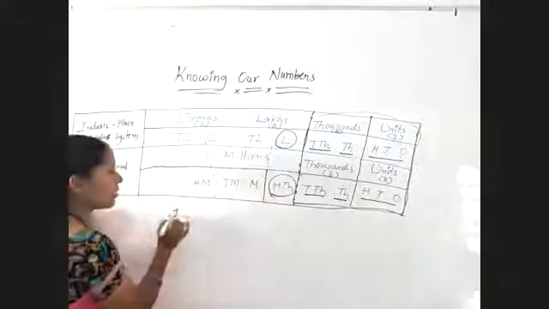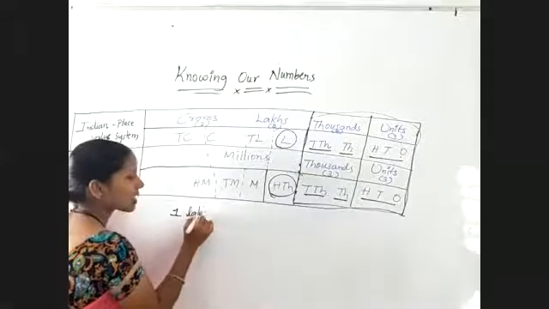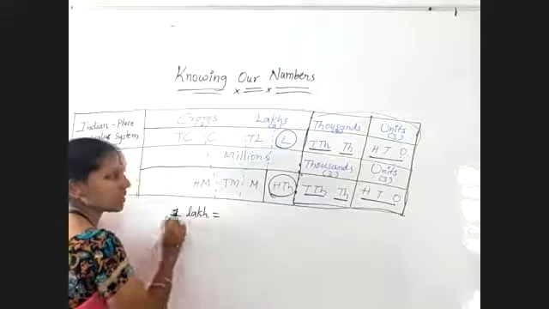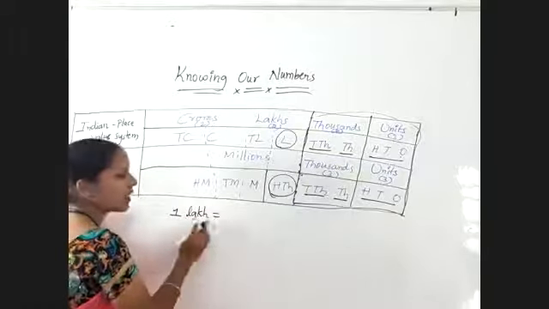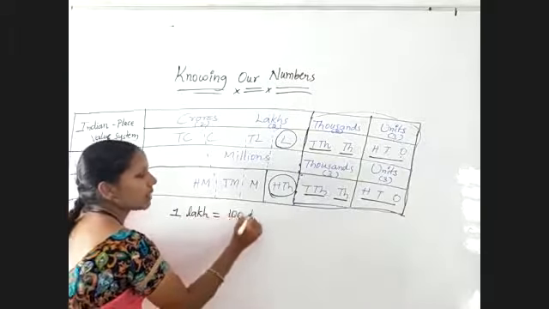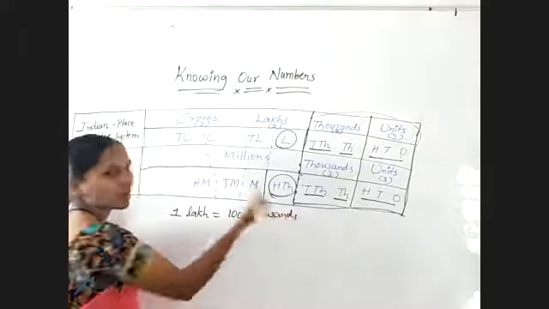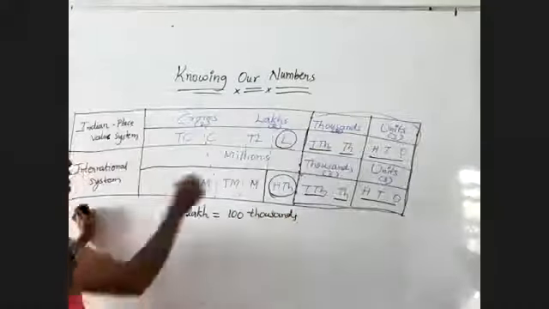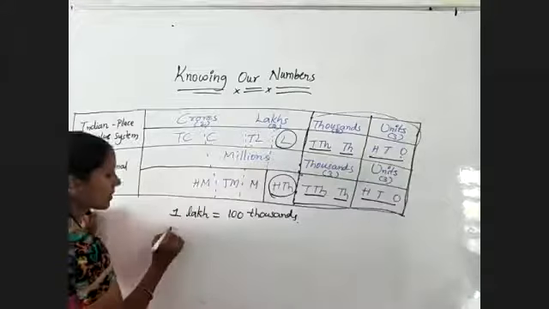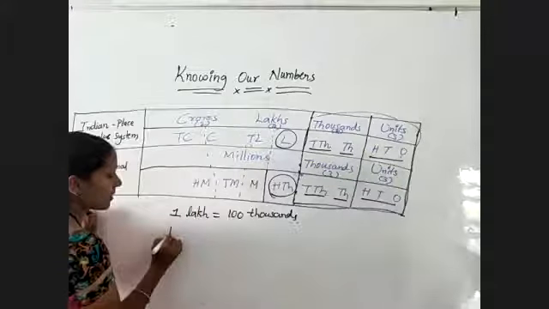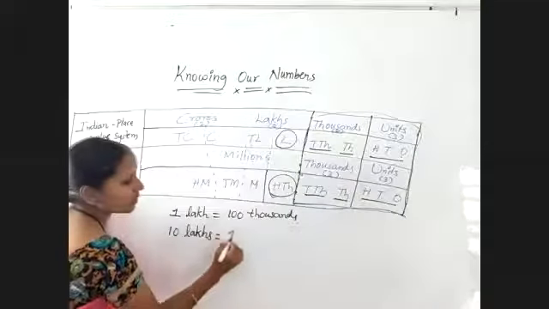From the above table, 1 lakh in the Indian place value system is equal to 100,000 in the international place value system. And next, 10 lakhs is equal to 1 million.